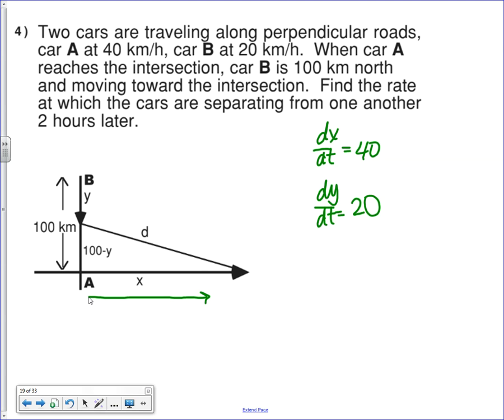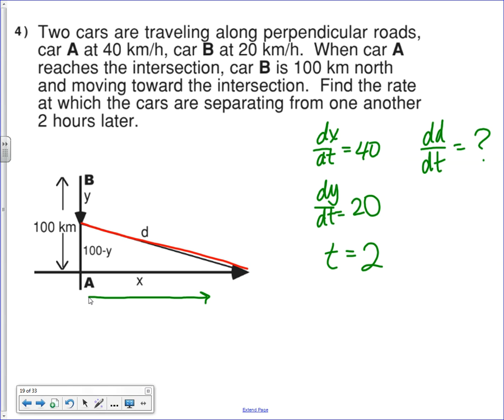Now, if they're separating from one another, that would be this part right here, and notice they've labeled that as D. If that's what I'm trying to find, that will be dD/dt. They also tell me that this is happening 2 hours later, so my time is 2.